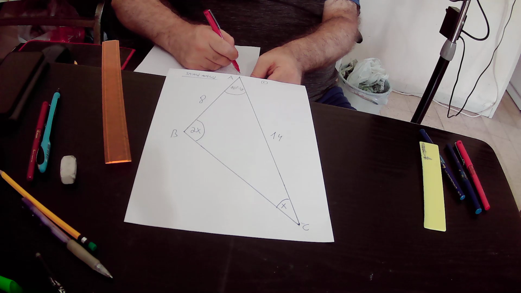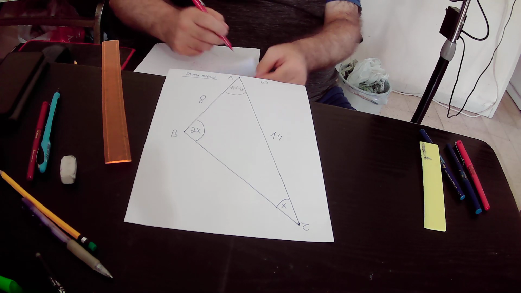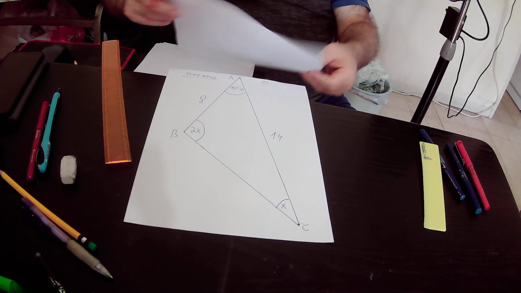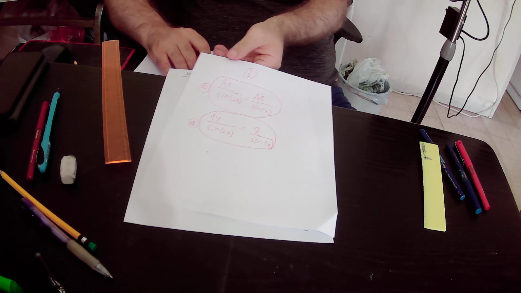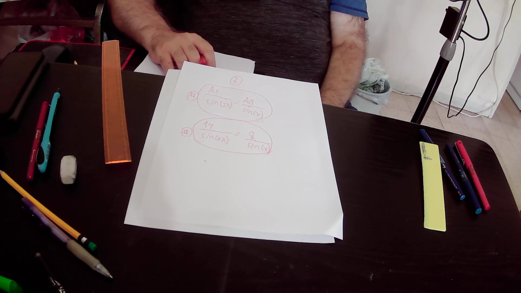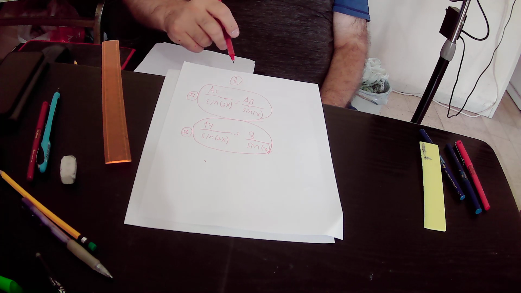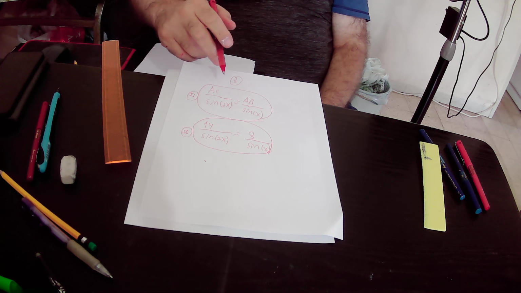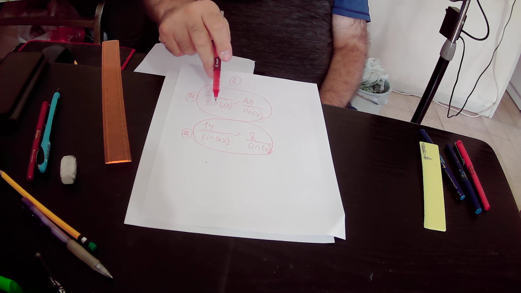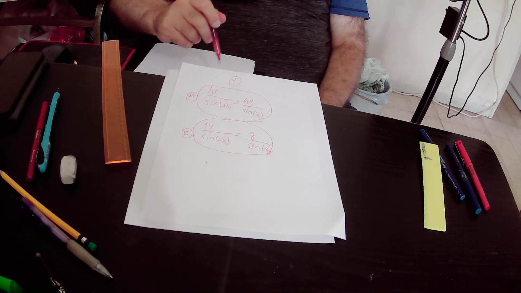So equation number 2 states that 14 over sine 2x equals 8 over sine x. So we have another trigonometric identity. From the following trigonometric identity we will find the value of sine 2x.